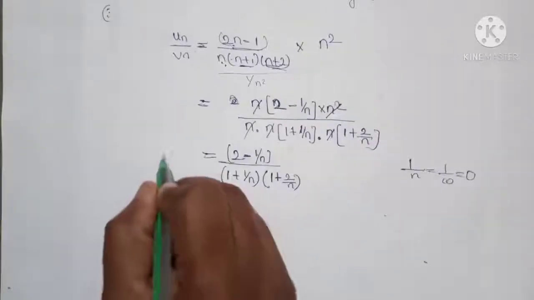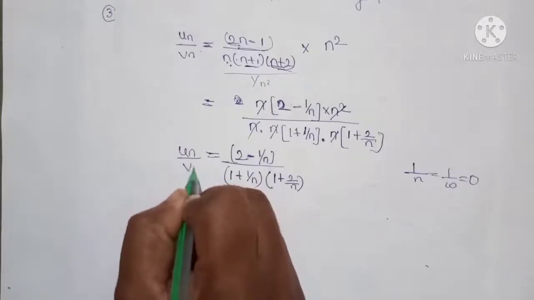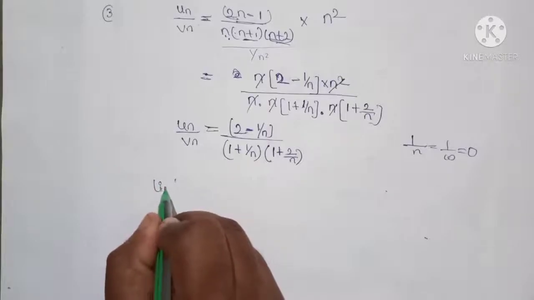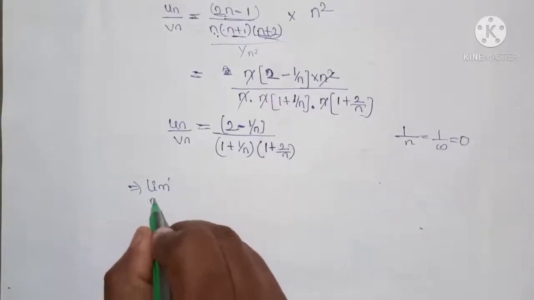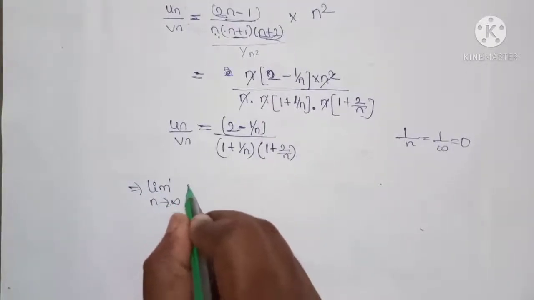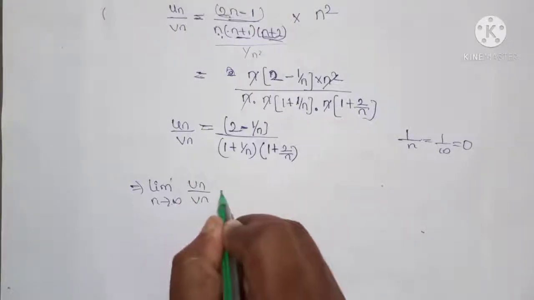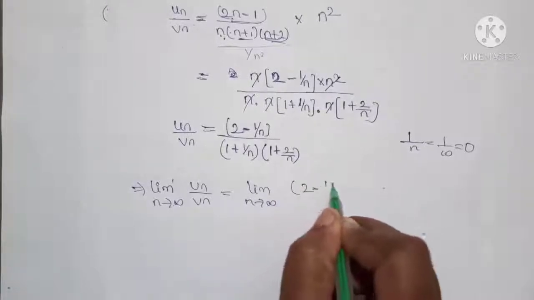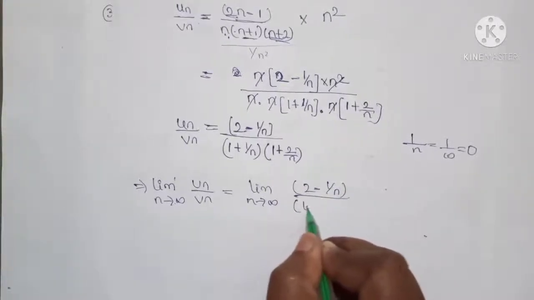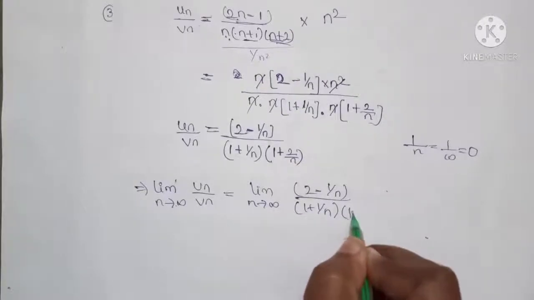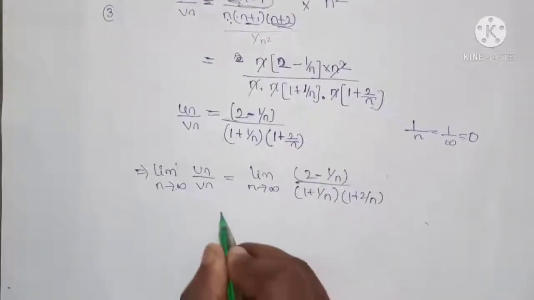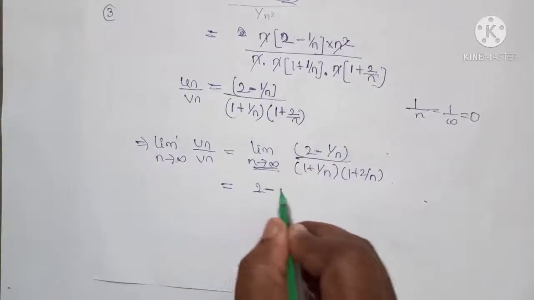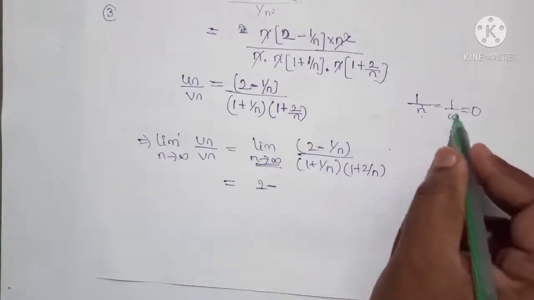So now we got the un by vn value. But we need to calculate the limit value. Therefore we consider the limit on both sides, that is limit n tends to infinity, un by vn equals limit n tends to infinity, (2 minus 1 by n) divided by (1 plus 1 by n) into (1 plus 2 by n). After applying the limit, that is n tends to infinity, 1 by infinity equals 0.